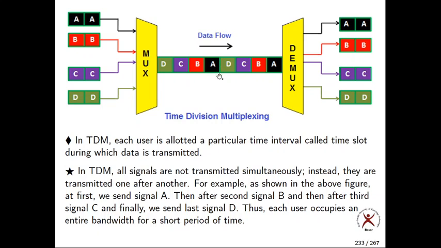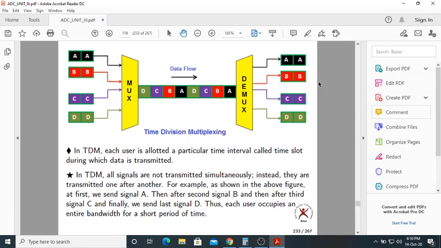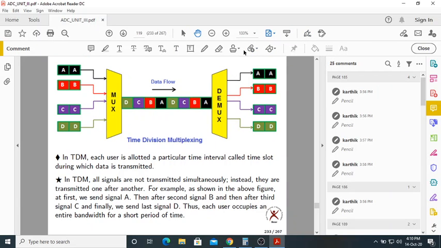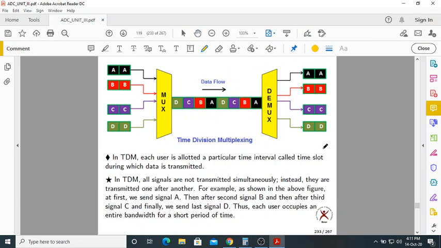This is called a frame. In a frame there are 4 time slots, belonging to 4 different users.